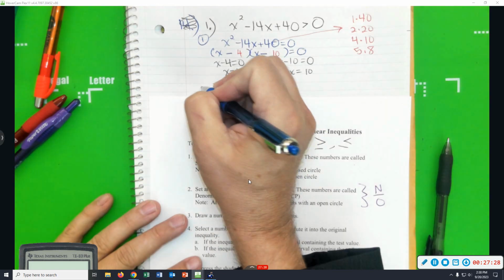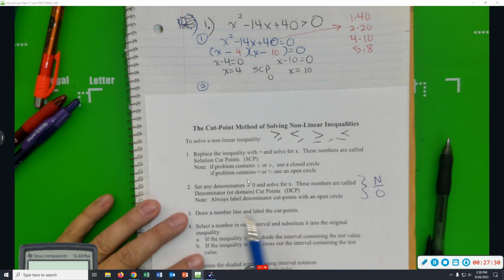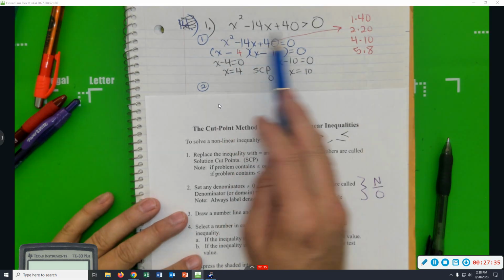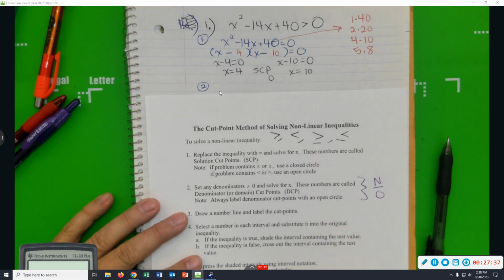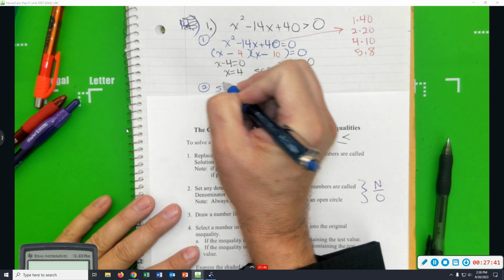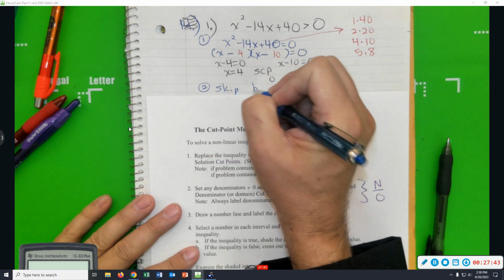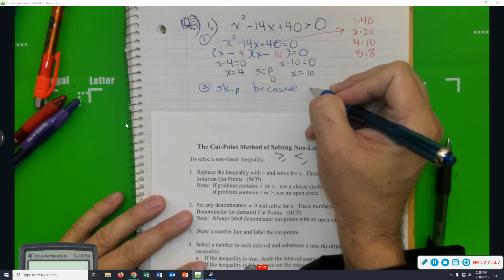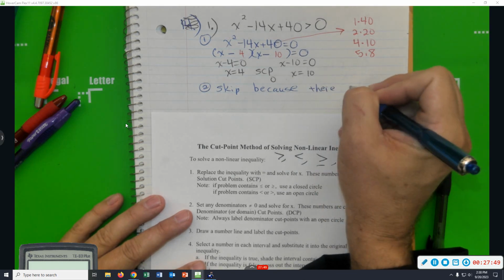Second step, y'all have already said, set any denominators not equal to 0 and solve for x. There are no fractions in the original problem. So I'm going to write this out. I wouldn't expect you to do that, but this is my logic. I'm going to skip because there are no fractions.